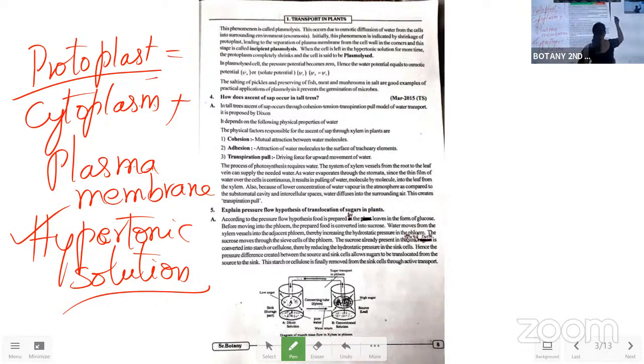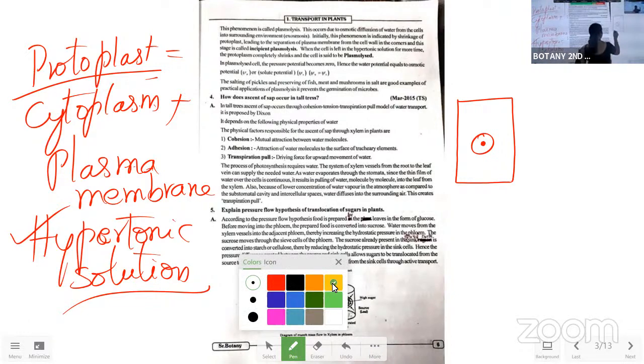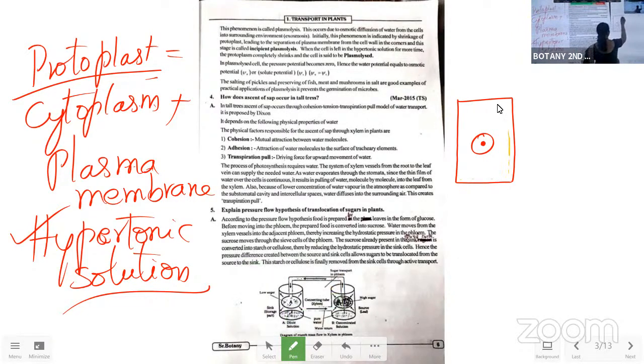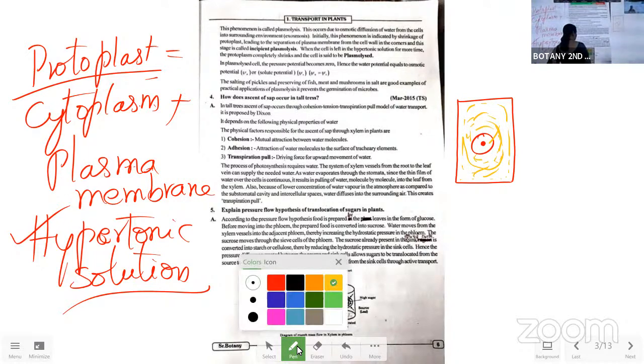When a healthy cell was placed in the hypertonic solution. This is the cell having a clear nucleus and the cytoplasm in it. Dense cytoplasm with all its cell organelles. So no need for us to draw the cell organelles, but we need to draw the plasma membrane.